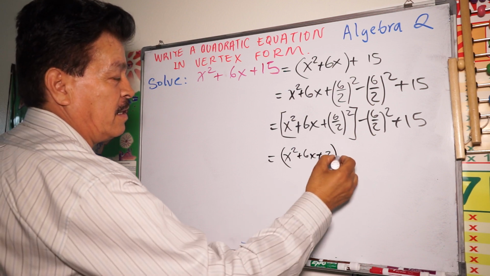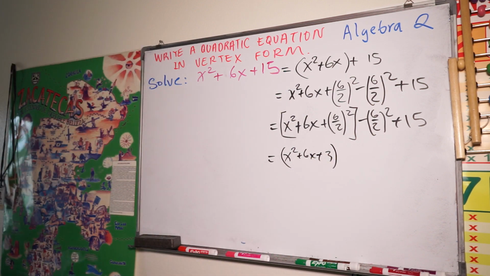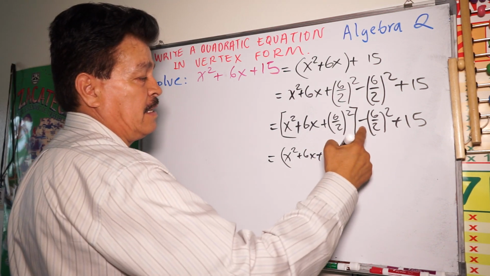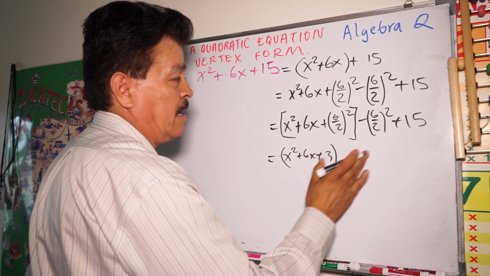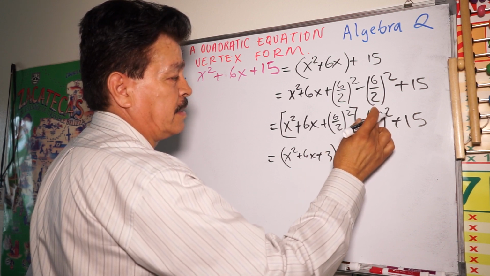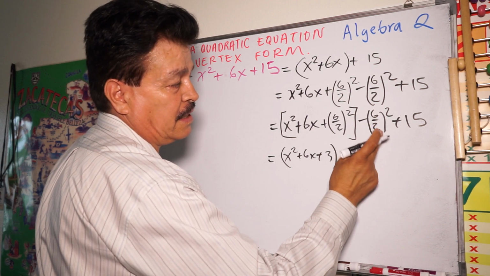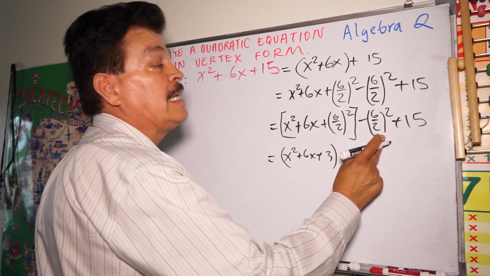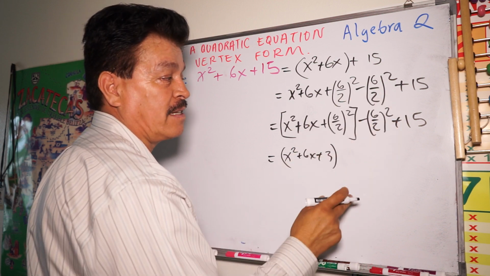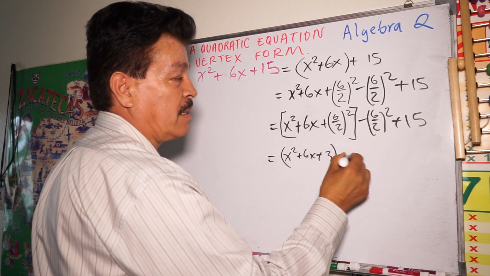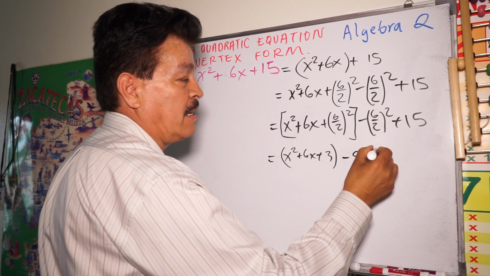And then minus 6 divided by 2 is 3, and 3 to the second power is 9, right? 9 plus 50.